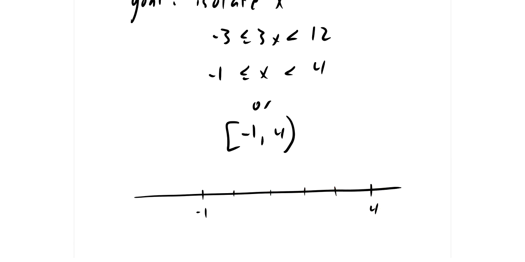Here's 4. We'll just change to red for a moment. We want to include minus 1 and not include 4, so we'll put an empty circle there and then say we want all the numbers between minus 1 and 4.